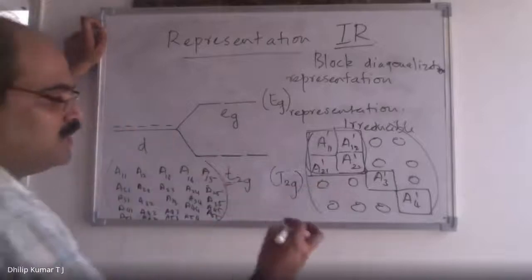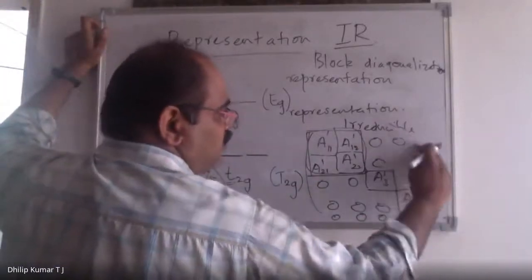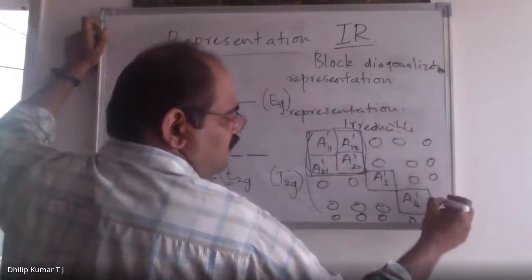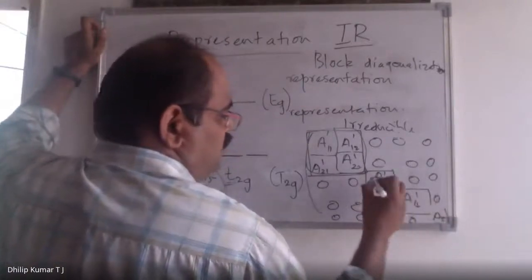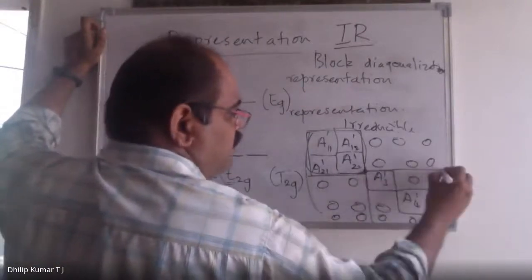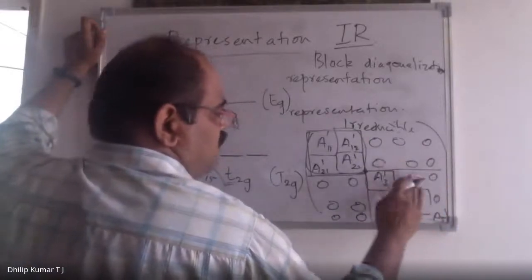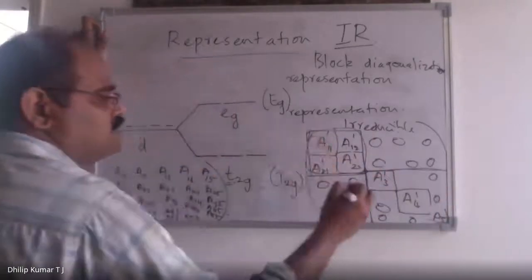Okay, so you can say this is 0, 0, 0. There will be one more column also. 0, 0, 0, 0, A5 prime. And now we have made it 3 by 3, right? So it will be in 3 by 3 form. So this will be one class and this will be another class. Okay.